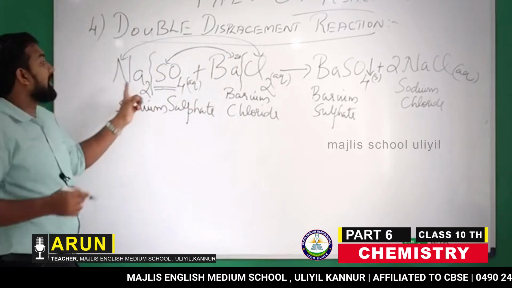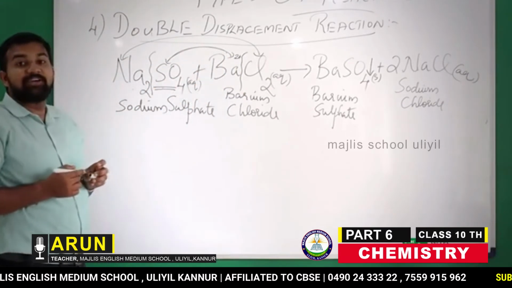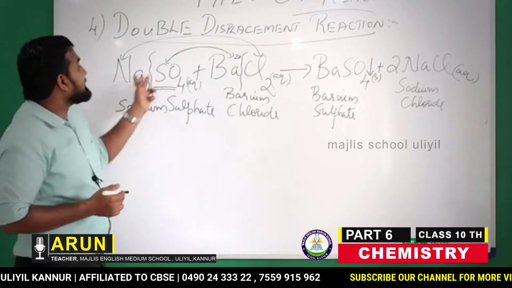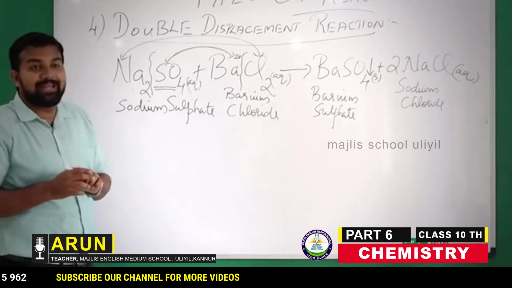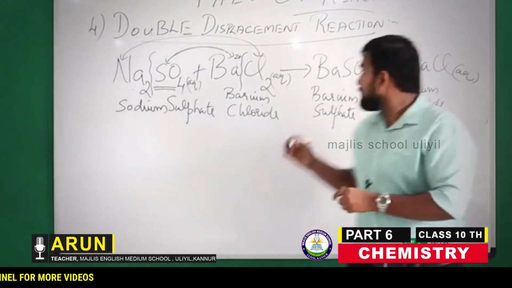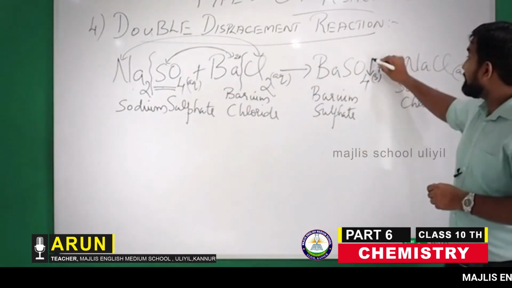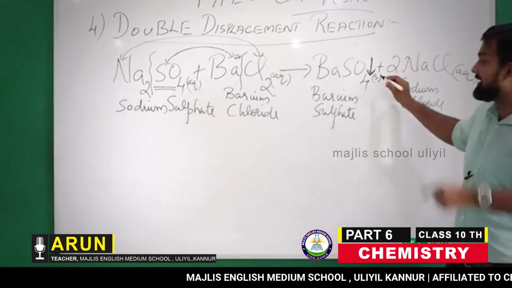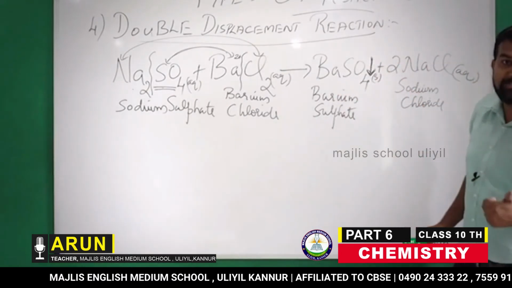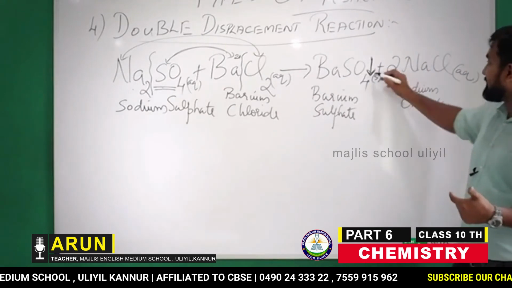Sodium went with chlorine and barium went with sulfate ions. That means the interchange of ions took place here. Barium sulfate was formed, and the white precipitate which you have seen is the barium sulfate.